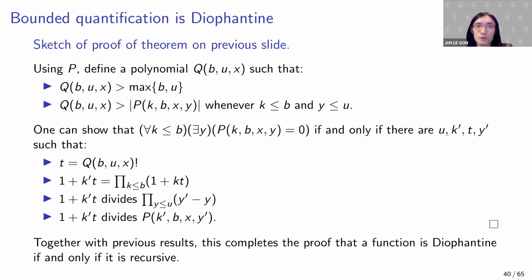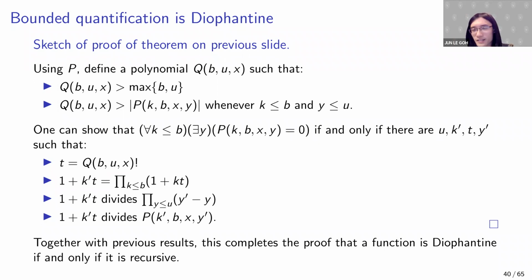So if you accept this theorem that the Diophantine relations are closed under bounded quantification, then this completes the proof that a function is Diophantine if and only if it's recursive. Remember, this theorem was the main theorem that we were working towards from maybe 30 slides ago.